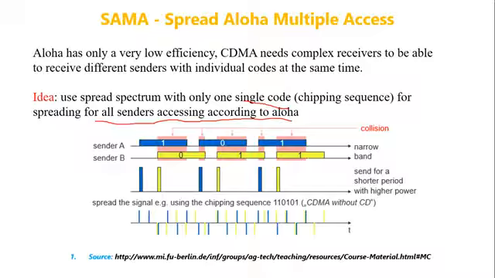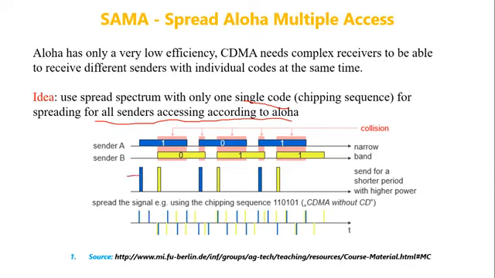So to avoid this collision, instead of sending the signal in the narrow band, the signal can also be sent with a high power in a short duration of time. Then it can be sent like this.